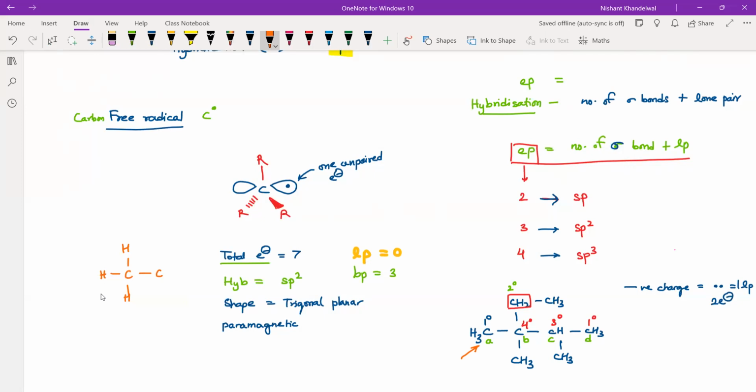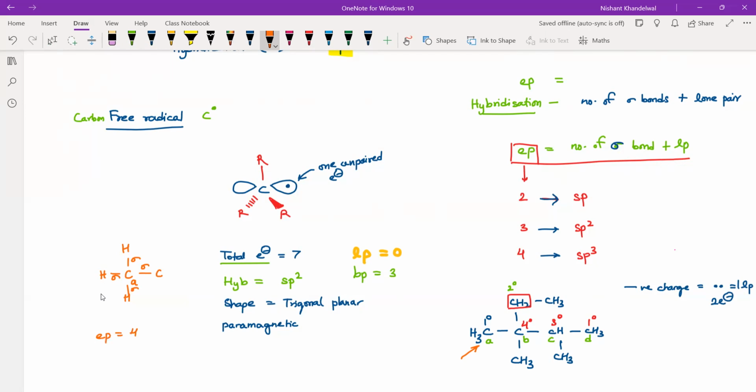Now this is carbon A. There are 4 sigma single bonds: 1 sigma, 2 sigma, 3 sigma and 4 sigma, correct? So electron pair is 4 and lone pair is 0.